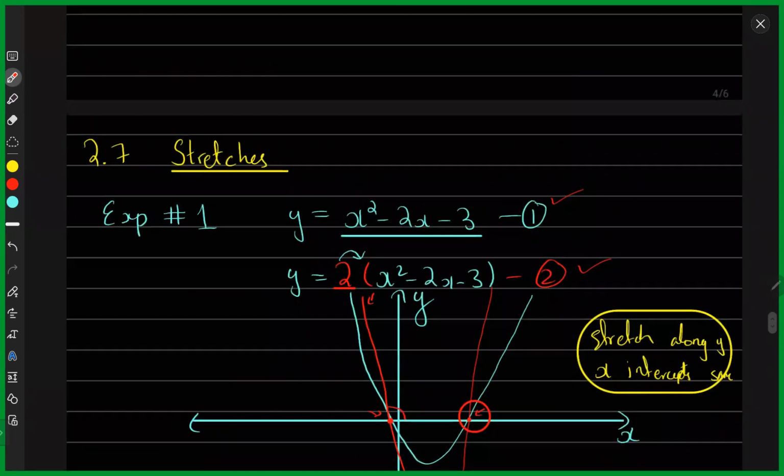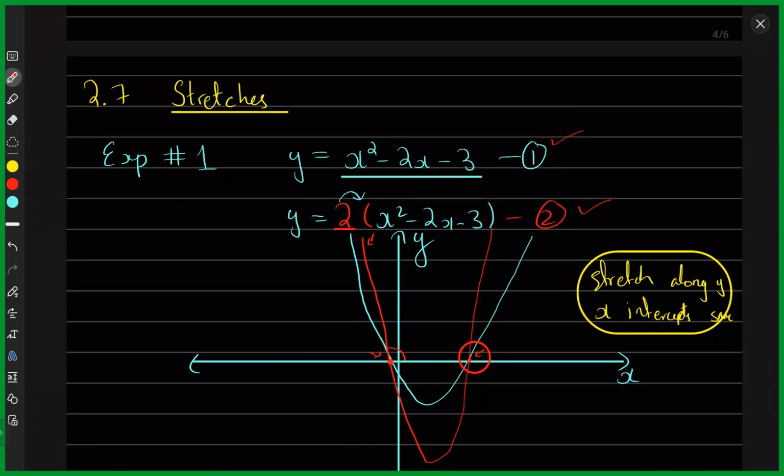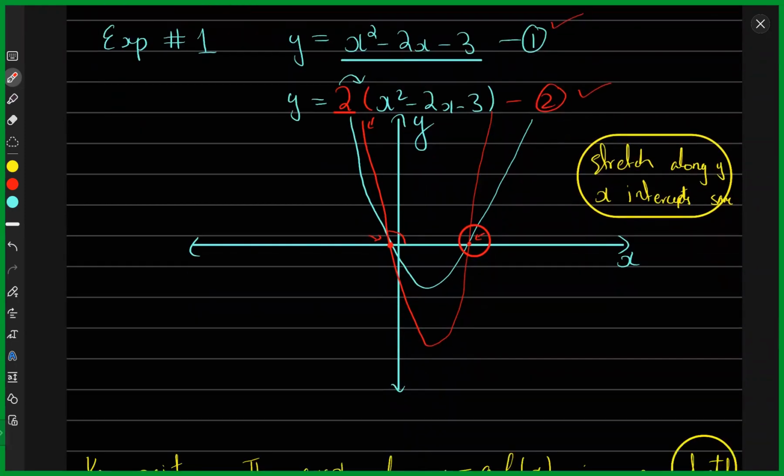Blue was the original graph, and when we multiplied 2 with the entire function, I've just pulled the blue string down, and the red graph would actually be the stretched version of how it actually was, right? Is it okay, Rafi? Yes, miss. All right, okay, perfect.